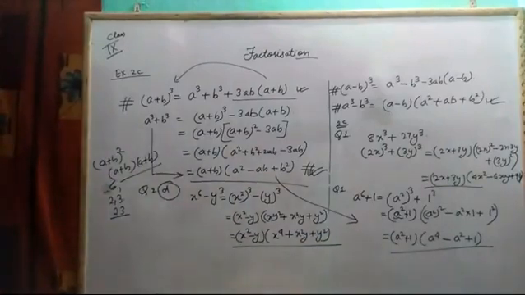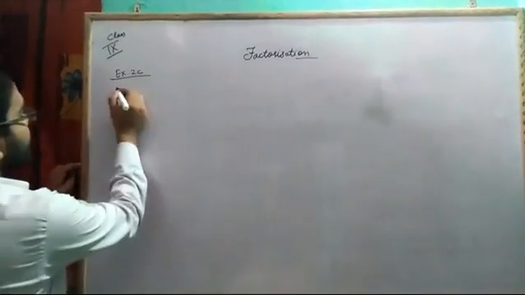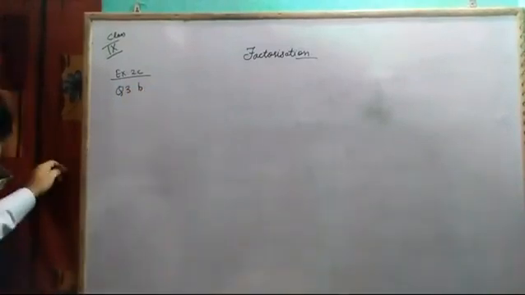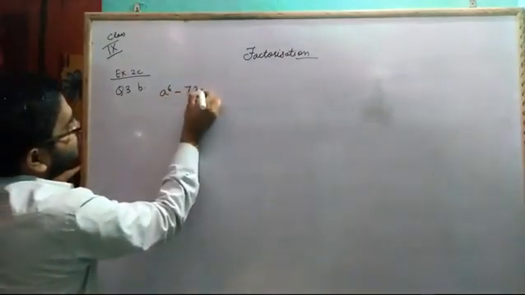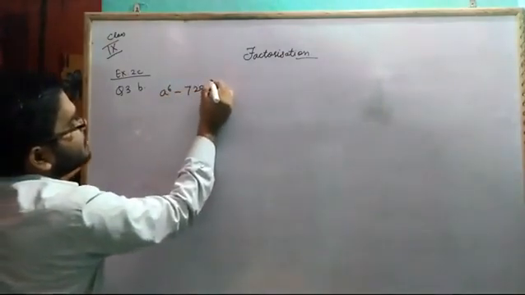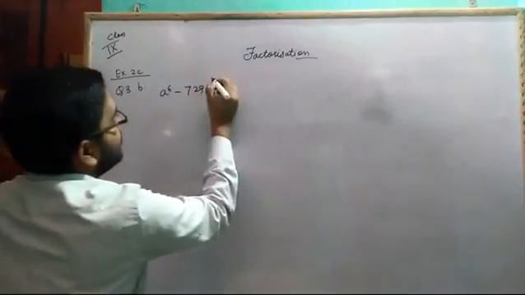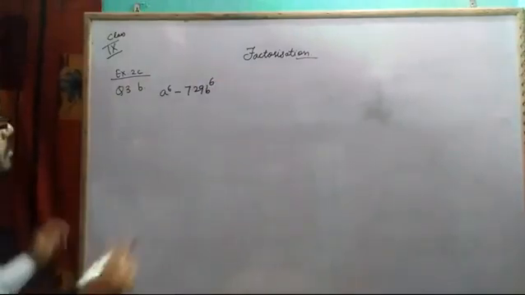Now the second part we are having: question number 3 subpart B. Question number 3 subpart B says a raised to the power 6 minus 729 b raised to the power 6.